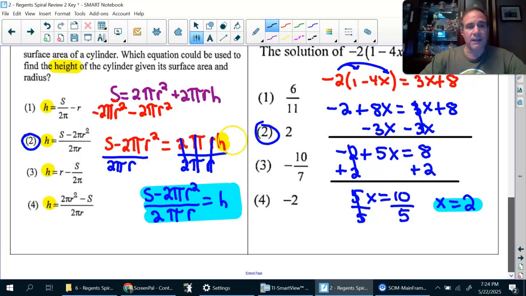If your eyes are on h because they want you to solve for h, then you ask yourself, what do I have to do that's opposite of what is attaching the 2, the pi, the r, and the h together? That is multiplication. That's where you're getting division from.